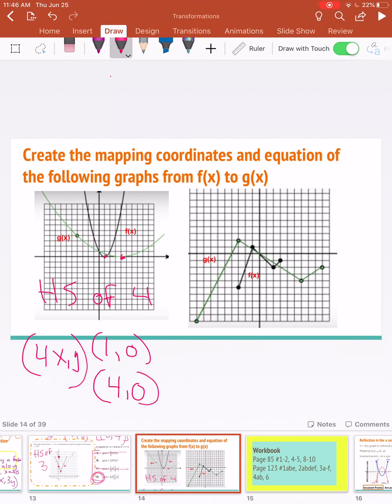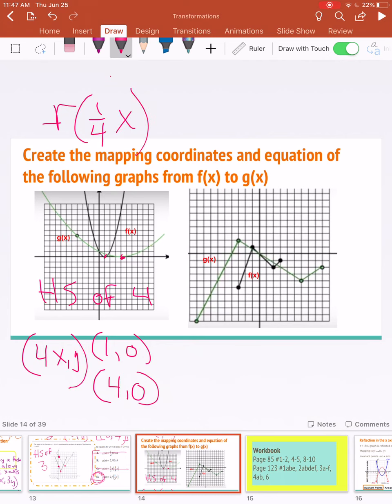You'll be asked to describe it in words using correct terminology. So I would say a horizontal stretch of 4 along the y-axis. You'll be asked mapping coordinates, or you'll be asked for that function equation. So the function equation would be f of 1/4 x, just like that.